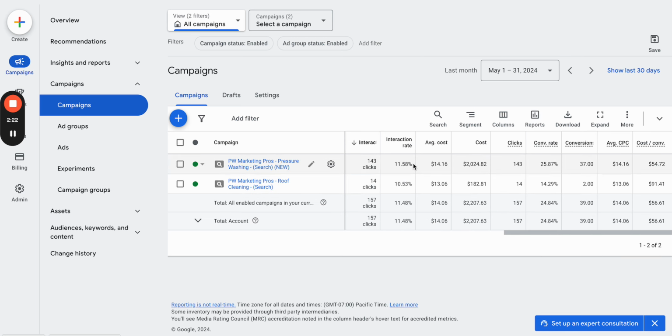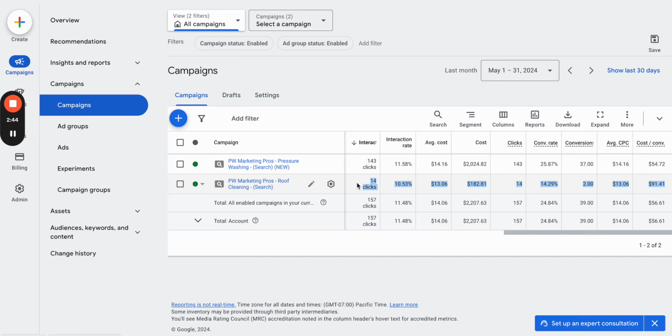Now we also have this client in the Missouri area, and they're killing it too when it comes to their campaign. For their pressure washing, they spent $2,000, got 37 leads, paying about $54 a lead. For roof cleaning, since they're in Missouri, it's not water bound, so they don't get a lot of algae on the roofs.